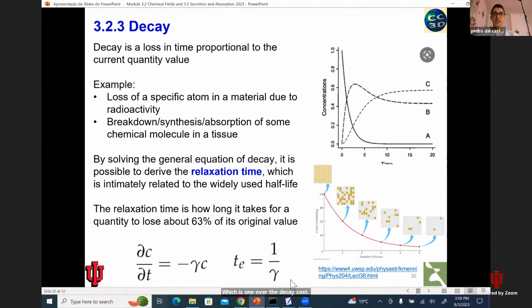Okay, 1 over the decay constant is the time it takes for you to lose about 63% of the original value of the sample. It is related to the half-life. So the half-life is the time it takes for you to lose half the initial amount. The relaxation time is the time it takes for you to lose 63% of the original amount.